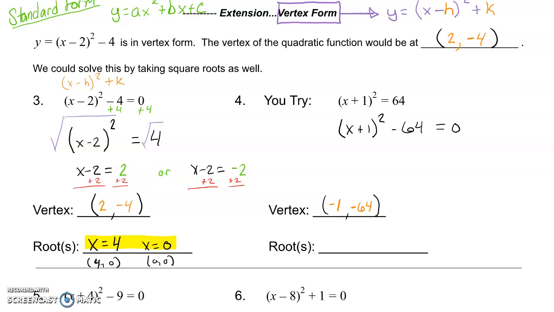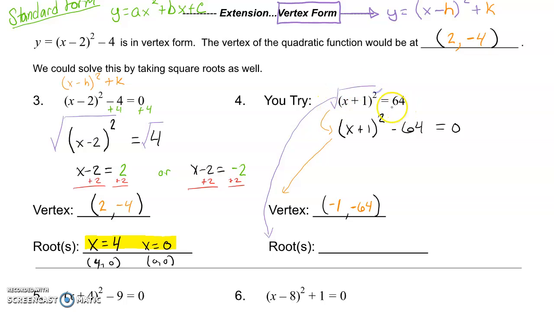So that means in number 4, while I needed to do this to get my vertex, to get my roots, I want to go straight from the first problem to get my roots, because it's already got its quantity squared isolated.